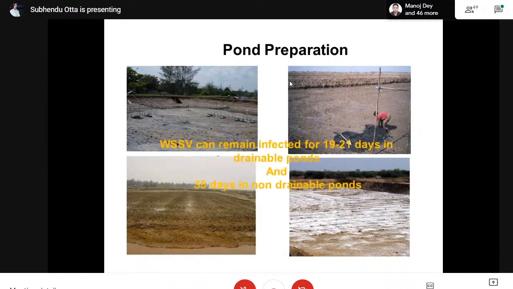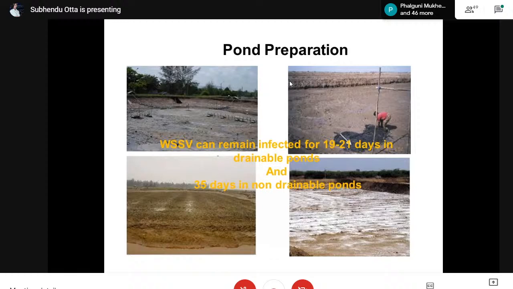What we have seen is, if you are not giving the gap between the cultures, this white spot syndrome virus particularly can retain its infectivity even till 20 days. Even if you are able to completely drain the pond, in some plankton or other benthos it can stay for about 21 days.